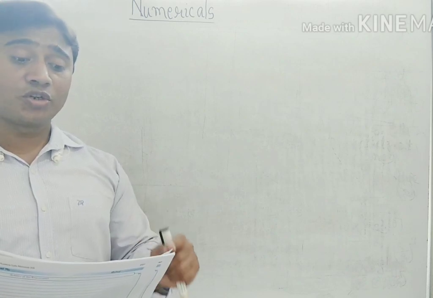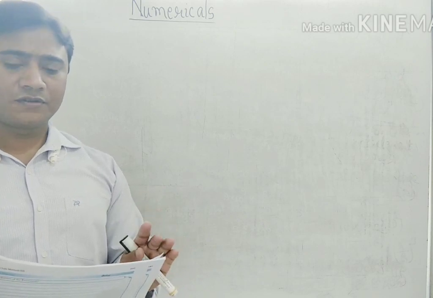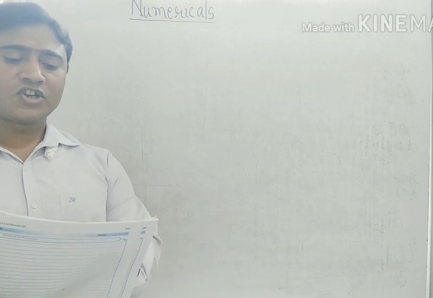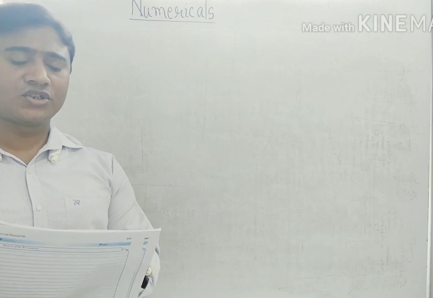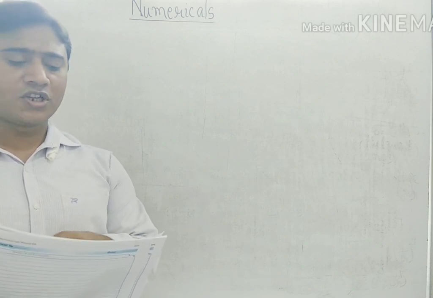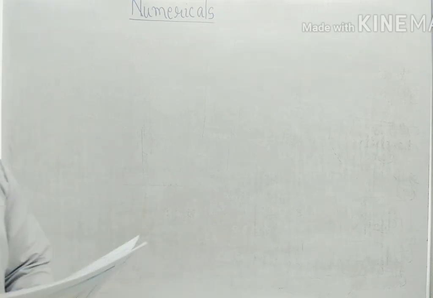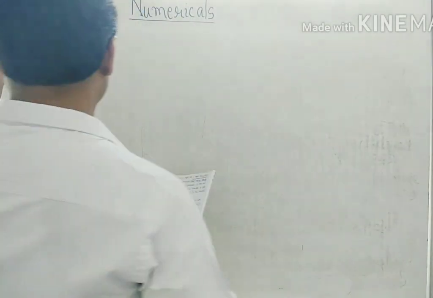What charge should be given to this particle so that if released, it does not fall down? How many electrons are to be removed to give this charge? How much mass is decreased due to the removal of these electrons? So this is the question that is demanding the answer from us.